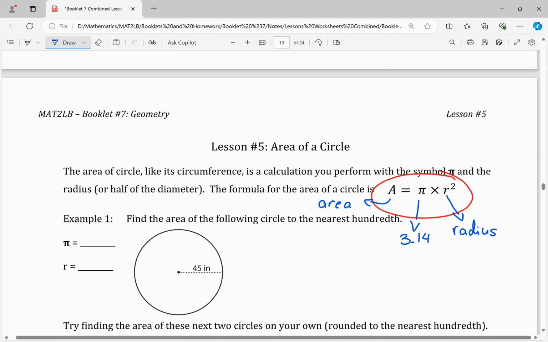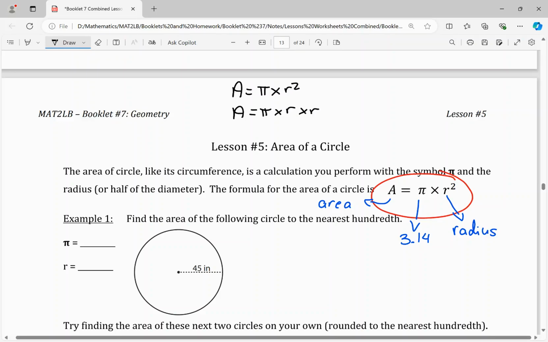Now, for those of you who don't remember, r squared just means r times itself. Okay? So really, I could say that area equals pi r squared, or if I wanted to, I could say that area is equal to pi times the radius again.